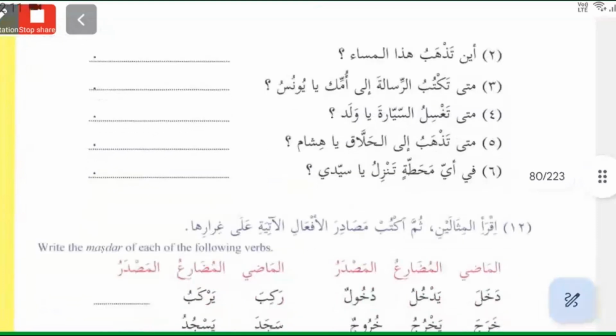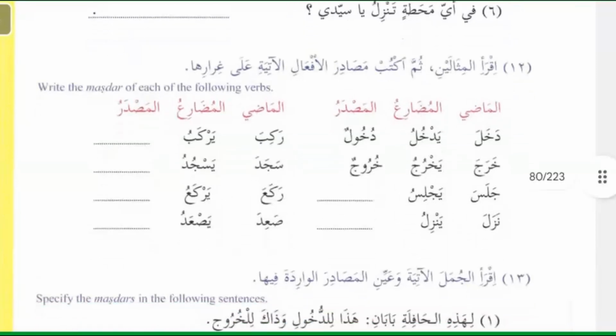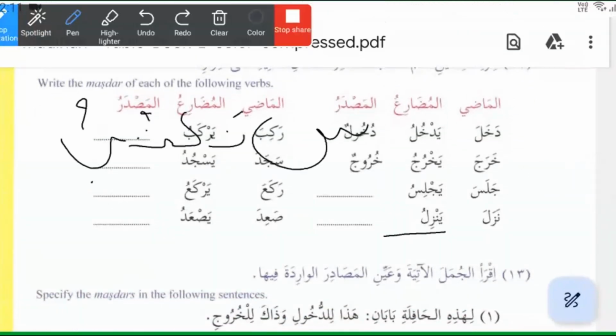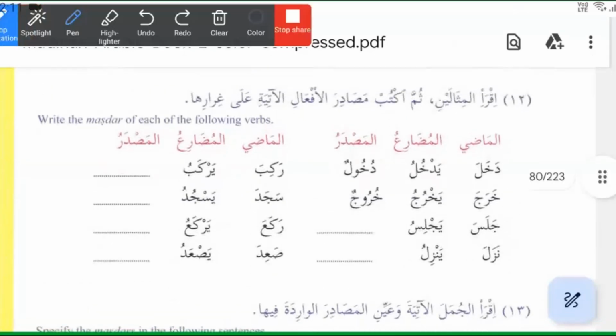Now coming back to exercise number 12, where we stopped last time. It's a very simple exercise. Iqra al-misalayn thumma uktub masadir al-af'al al-ati'a ala jiraraha. So we need to read the two examples.